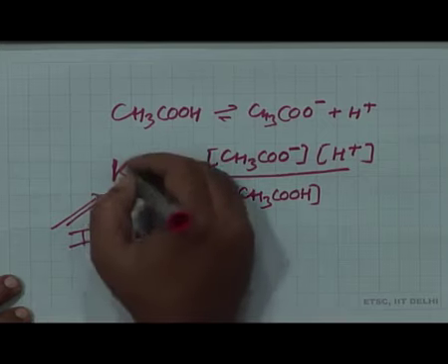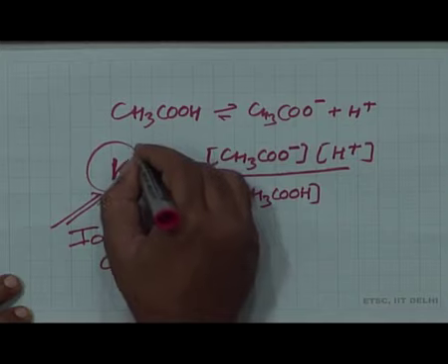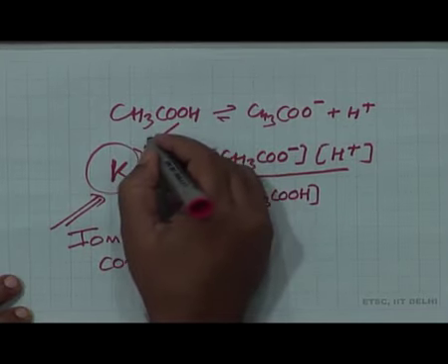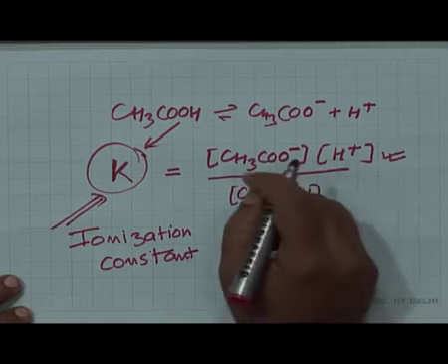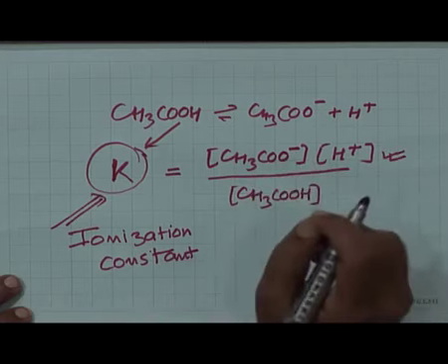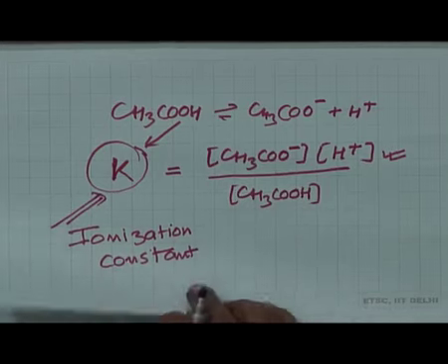So, if we know the ionization constant of a particular acid, then we can calculate the value of H plus ion, and that H plus ion can be used to calculate pH.